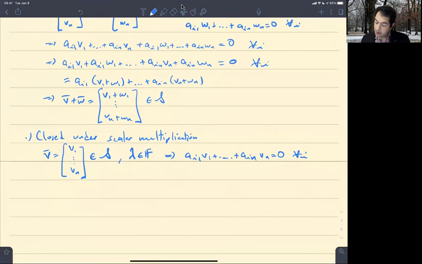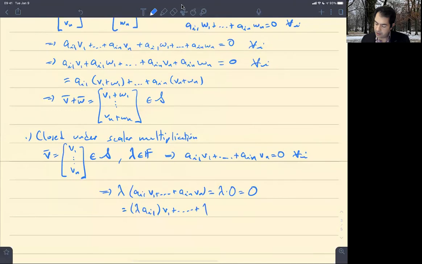Now, if I multiply by lambda, then it's true that lambda times (ai1 v1 plus ... plus ain vn) is equal to lambda times 0, but that's just 0. And this left-hand side I can write, using first the distributive property and then the associative property, all inside the field F, as lambda ai1 v1 plus ... plus lambda ain vn.